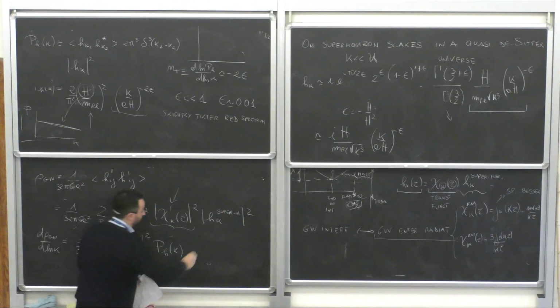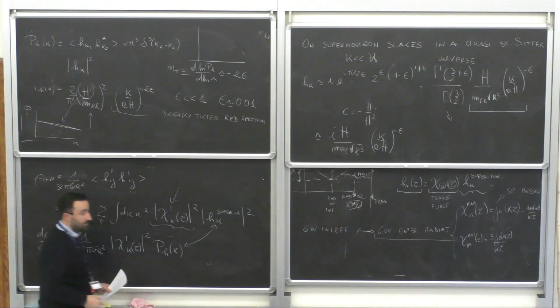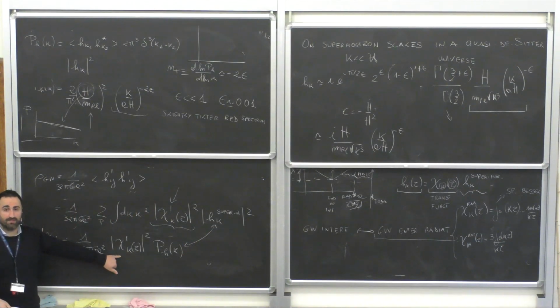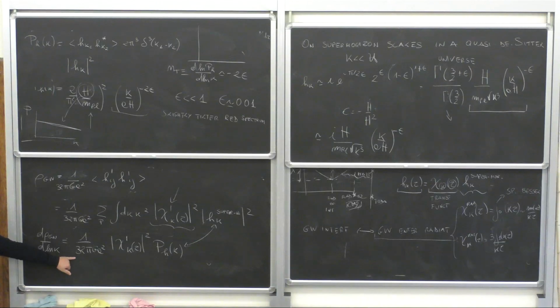This is the power spectrum, this is the square of the transfer function, and this is the usual prefactor, right?